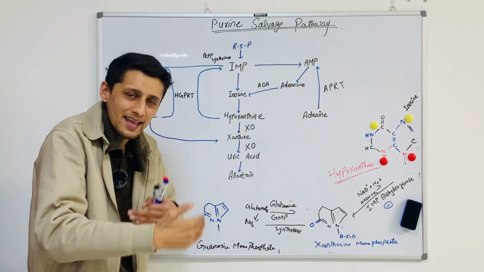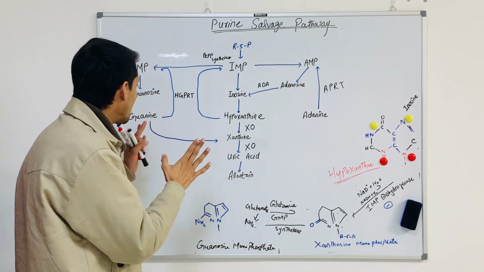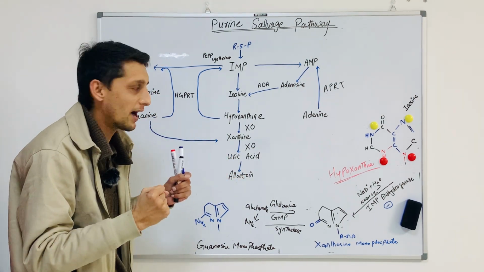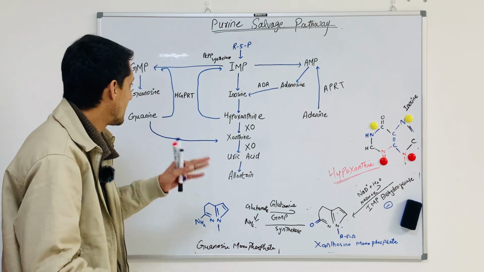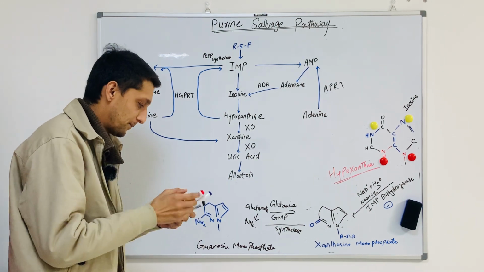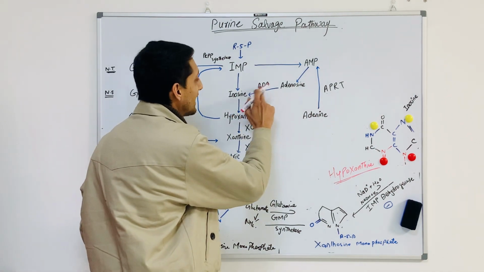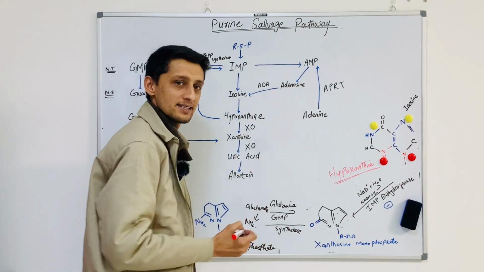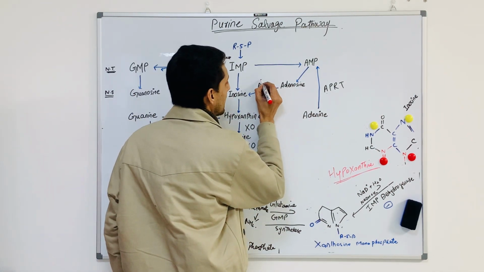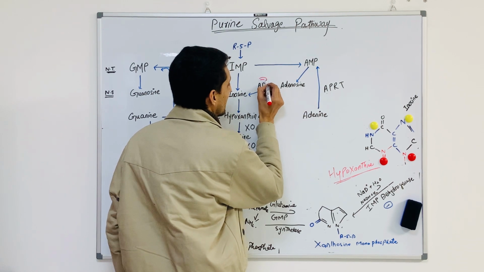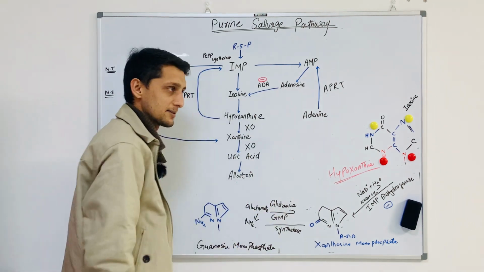So this cycle continues until there are some problems. What kind of problems are there? Let's discuss the first problem. This ADA, adenosine deaminase enzyme, can be inhibited in certain diseases. What diseases?